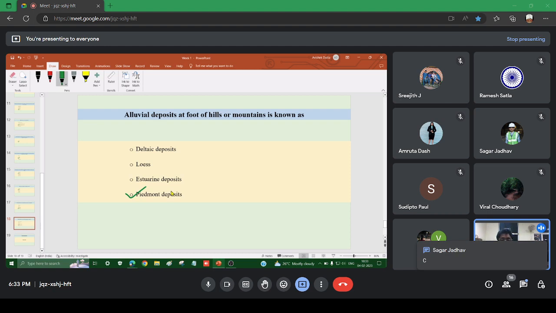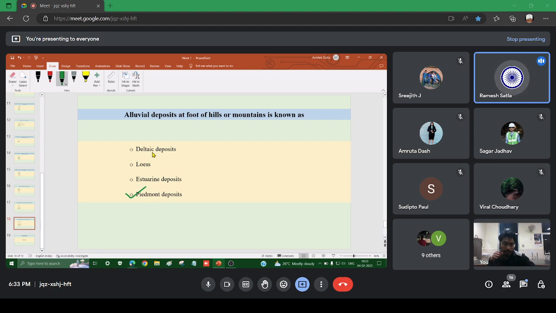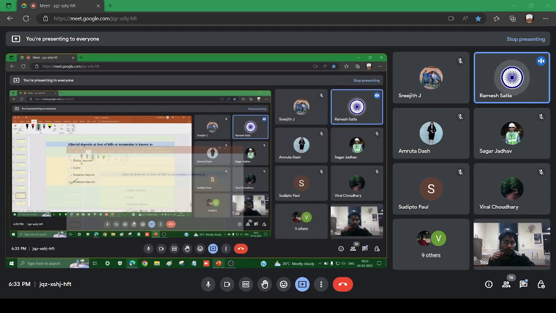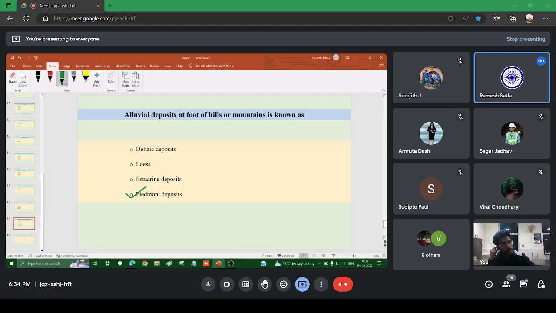Now we'll be talking about the options. What is deltaic deposit? It may be formed where deltas are present. Yes, but it can be a combination of river and sea also.